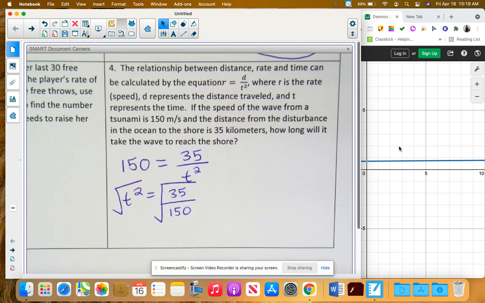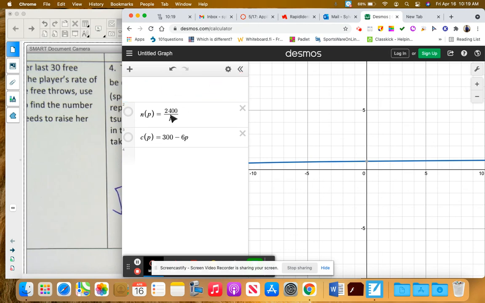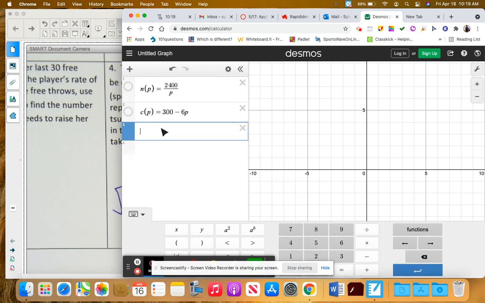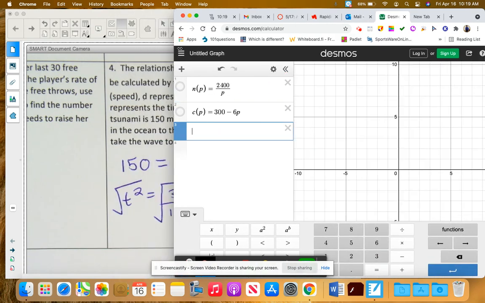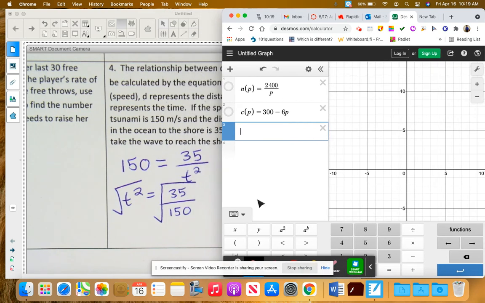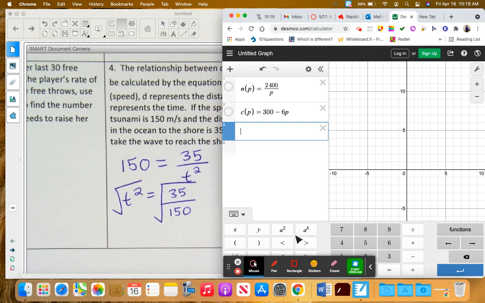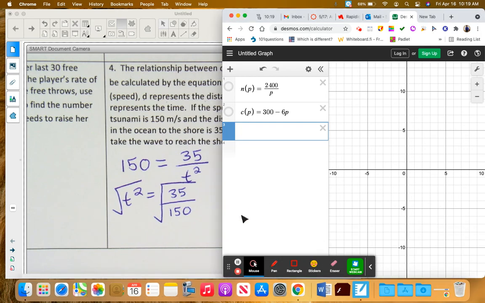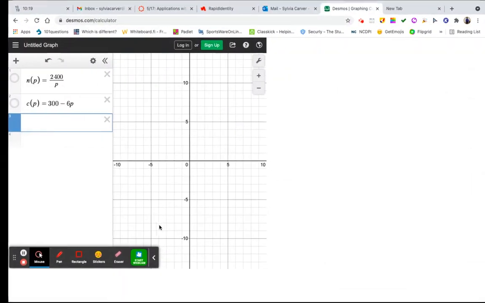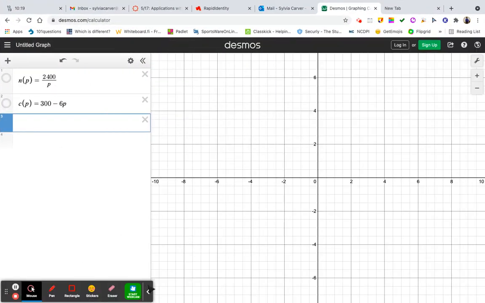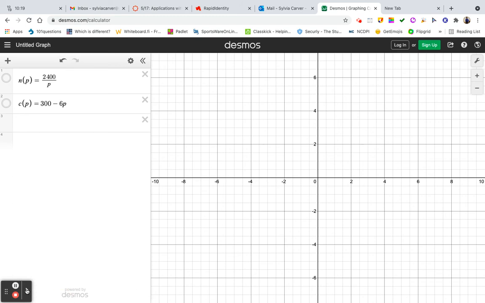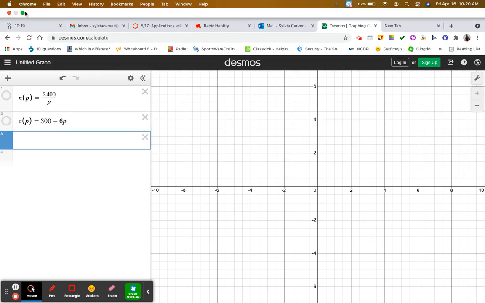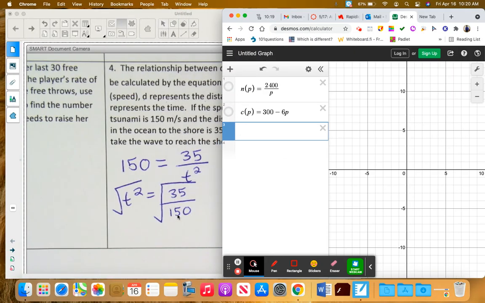And in our friend Desmos, I can type all this in. Let me slide this over a little bit so we can see the problem. There we go. So I will use my square root button that's down at the bottom. Okay, all right, so I got all this stuff open at the bottom, but in Desmos, you would type in the square root of 35 over 150.